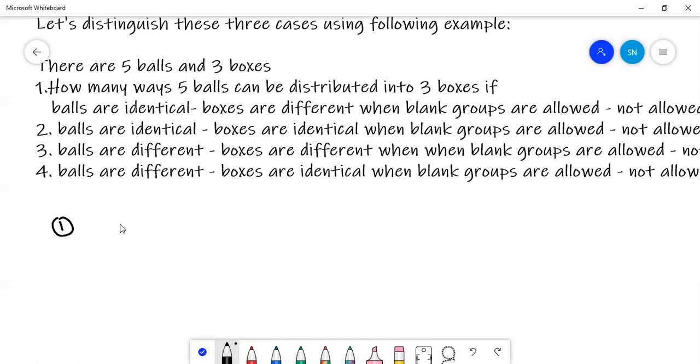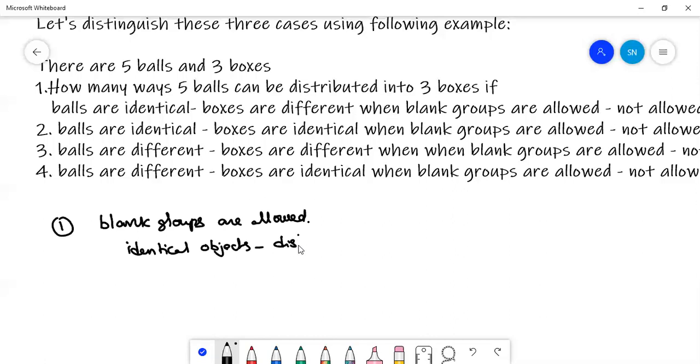This first question comes under identical objects into distinct groups.